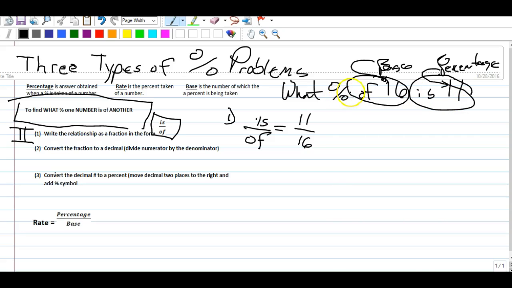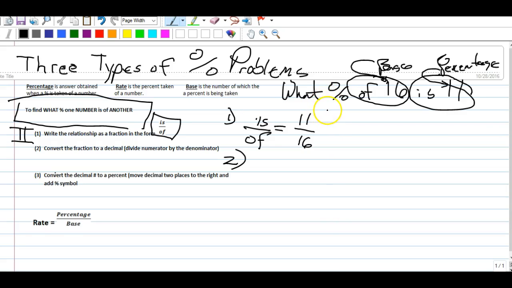So if I take a certain percent of 16, which is the base, I get 11, which is the percentage. And again, some students have difficulty with the terminology rate, percentage, and base. Here you need to note that the percent is not given. That's what I'm trying to find.